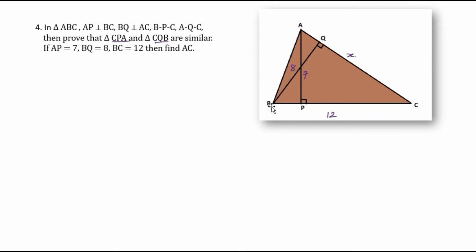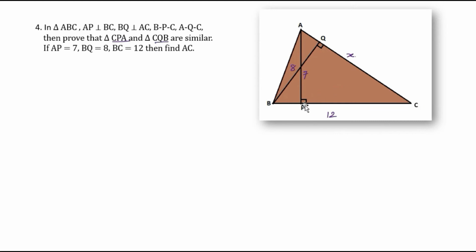So in triangle CPA, the measure of angle P is equal to 90 degrees, and in triangle CQB, the measure of angle Q is again 90 degrees. So angle Q and angle P are congruent angles because they have equal measure. The next pair of angle is angle C itself because this is common in both these triangles.